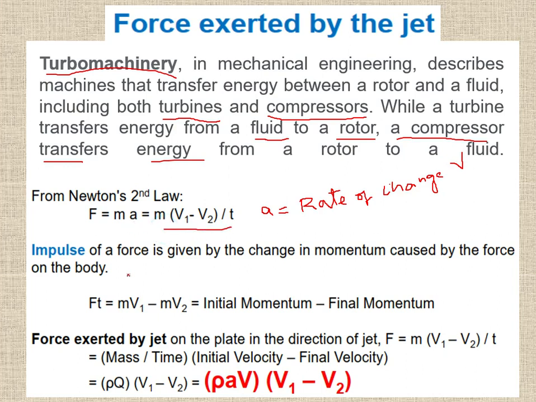Okay, so from here the concept of impulse arises. So what is basically impulse? Whenever an object, whether it is at rest or moving, comes in contact with another object for a small period of time, the impulse occurs.